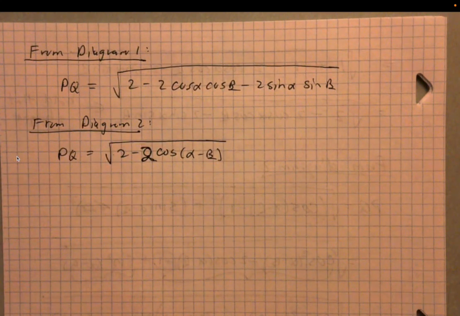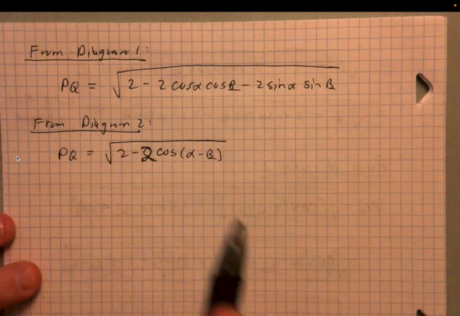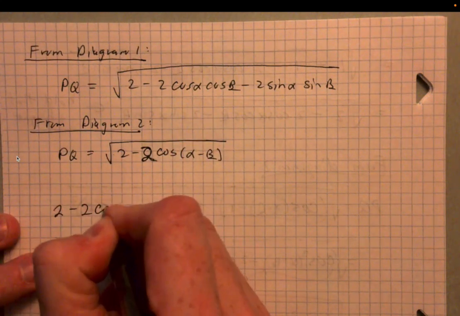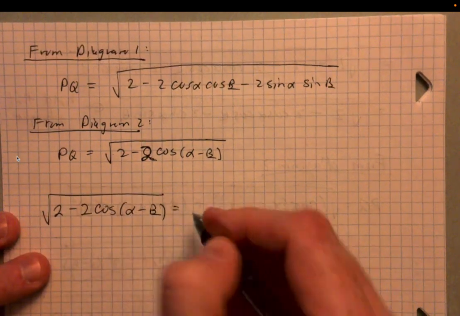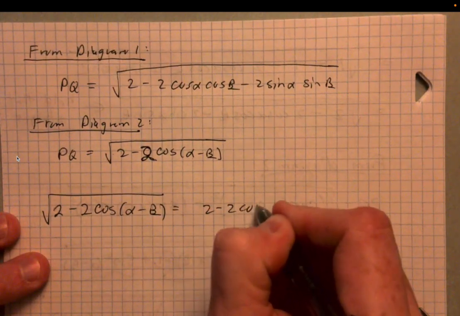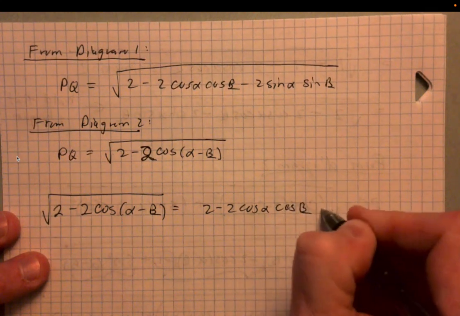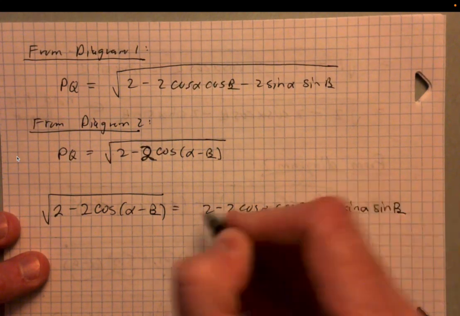Okay, so these are two expressions for the same line segment, and so they're obviously equal, right? And so I can set these two equal to each other. So 2 minus 2 cos alpha minus beta is equal to 2 minus 2 cos alpha cos beta minus 2 sine alpha sine beta.